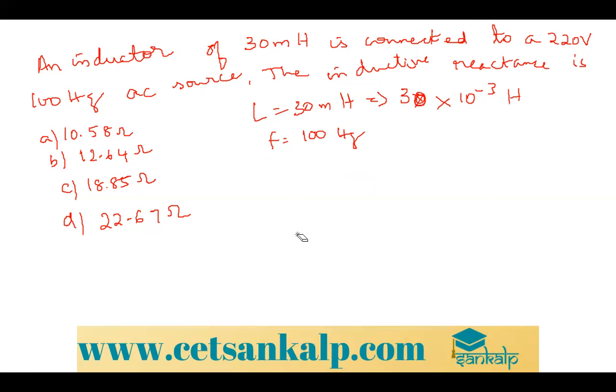So L is given, F is given, V is given. So now directly we can use inductive reactance: XL is equal to 2 pi F into L. So 2 into 3.14 into F is 100 into L, what is L?